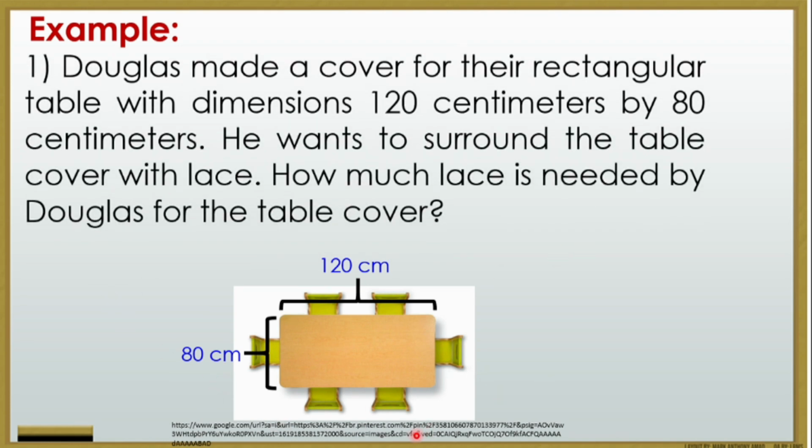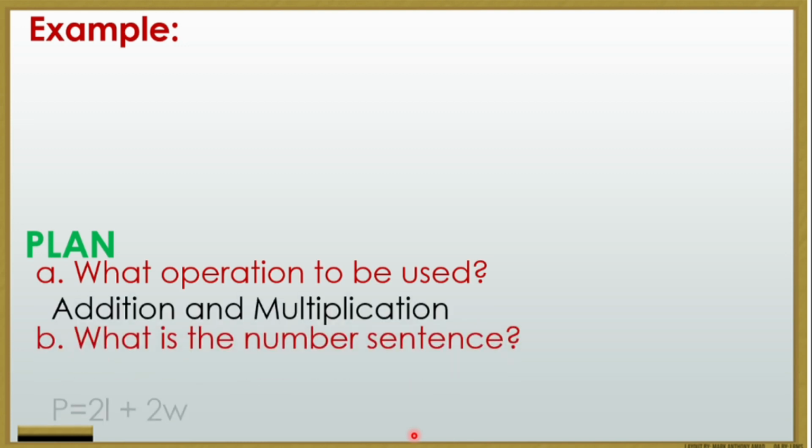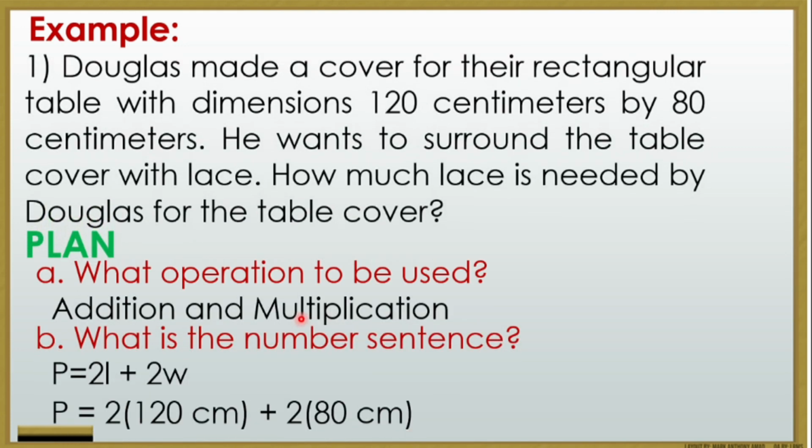So, we're going to plan. In the plan, what operation is to be used? Addition and multiplication. And letter B, what is the number sentence? The number sentence is P is equal to 2 length plus 2 width because this involves a rectangular table. So we can now use the formula in finding the perimeter of the table.